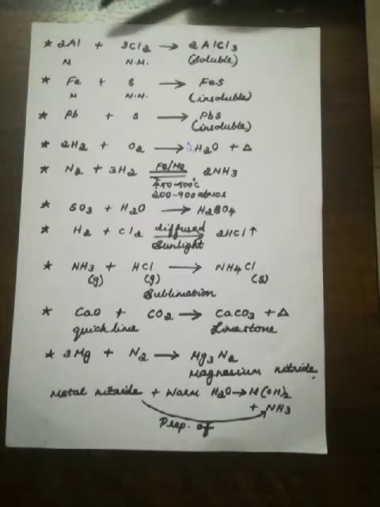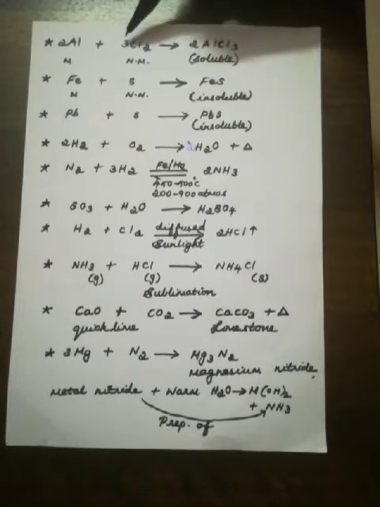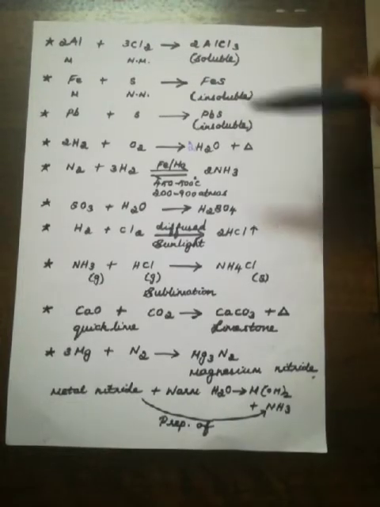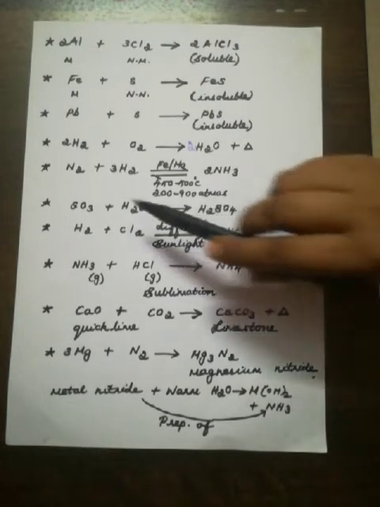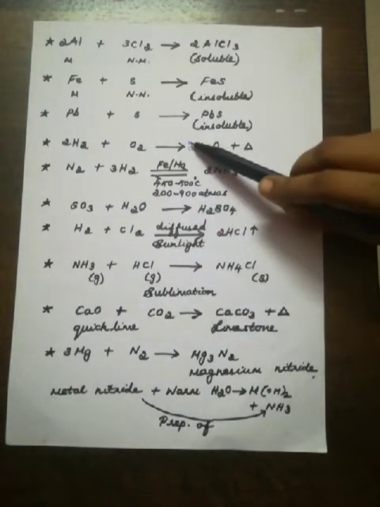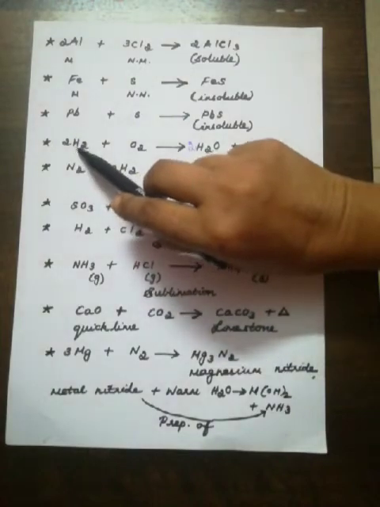Let's see how to balance the equation here. Odd number of chlorine here, write a 2. So chlorine becomes 6, so you write 3. So this is 6. Aluminium is 2 here, so write a 2. This equation is self-balanced. The next one, this oxygen is 1 atom, write a 2. The other side also 2.